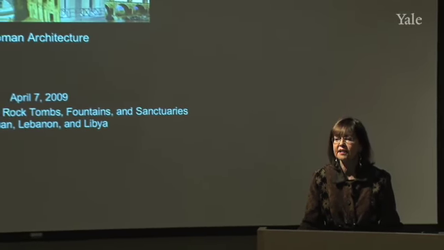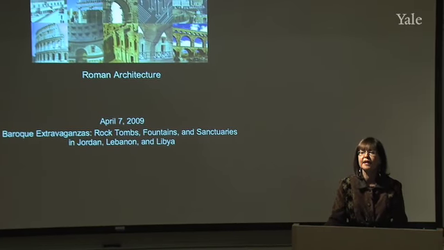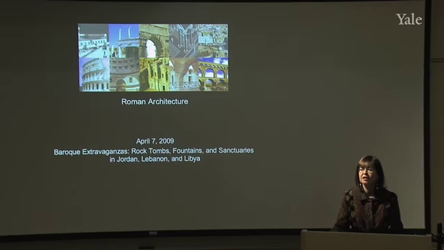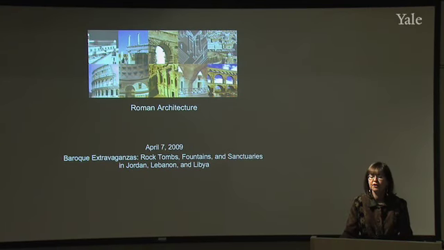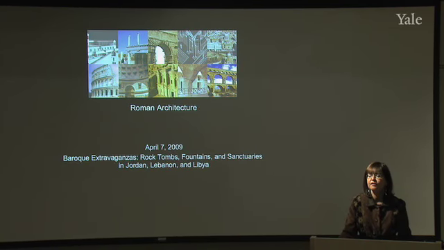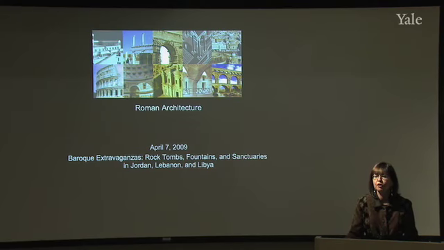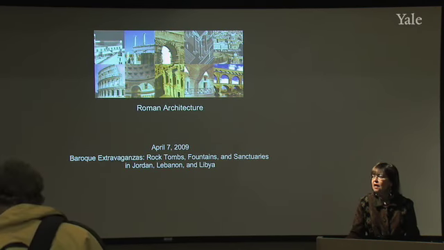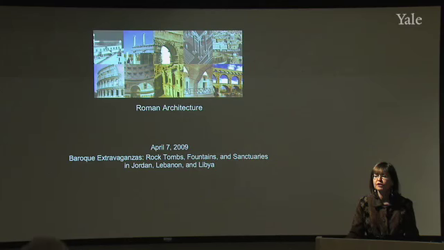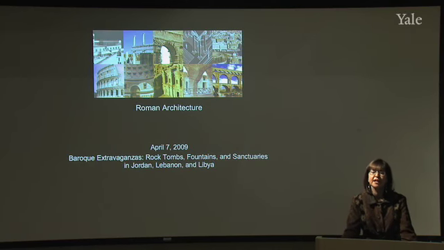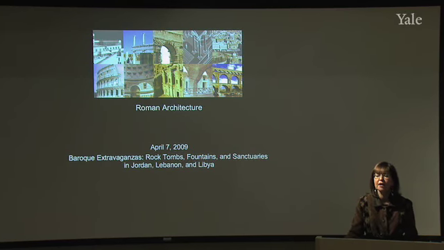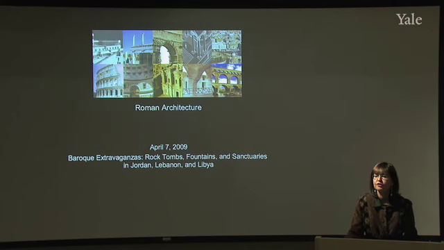I want to highlight what I see as the three major features of Baroque architecture in the Roman period. The first is that the architects and patrons who design buildings that we think of today as Baroque use the traditional vocabulary of architecture, by which I mean the traditional vocabulary of Greek and Etruscan architecture, for the most part.